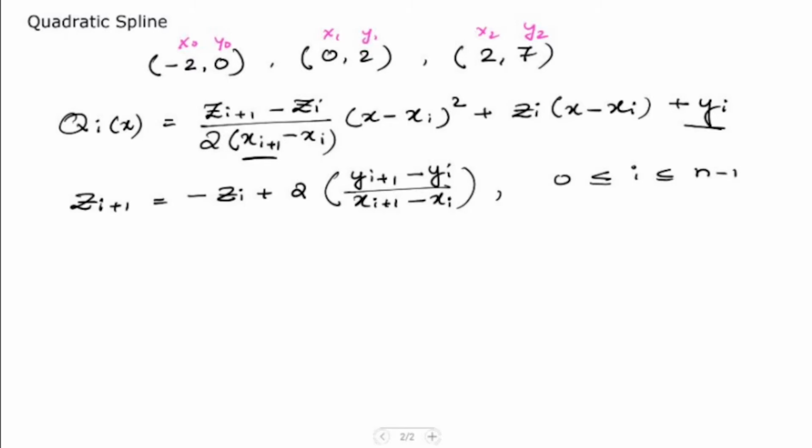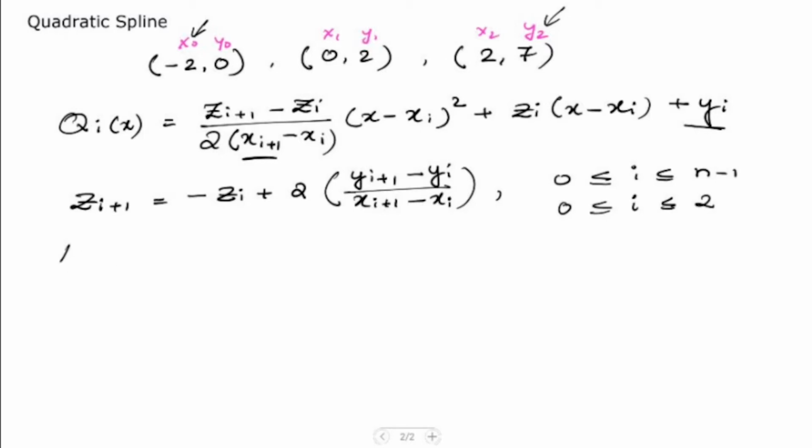Here, for us, we have 3 data points, so n is equal to 3. The values of i will be, because it's starting from 0, 3 minus 1, 2. And that's why you have the values of x's here as 0 starting and 2 as ending, right?